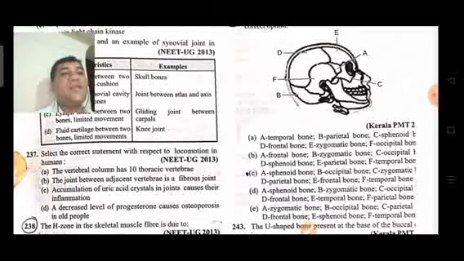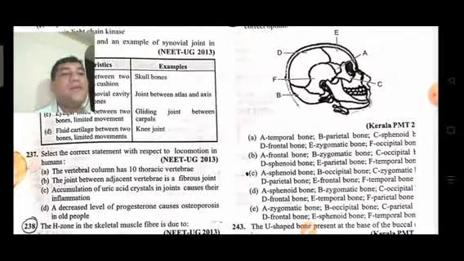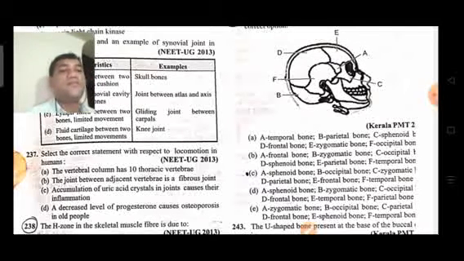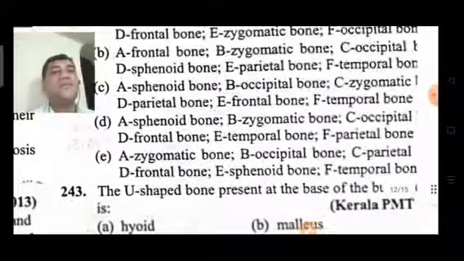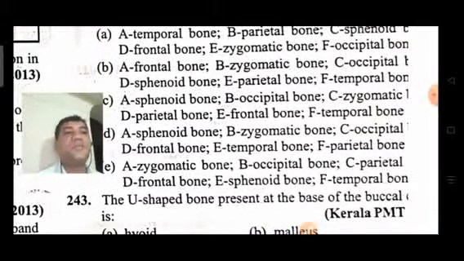F may be the temporal bone, and B can be the occipital condyle near the atlas. From the given options, we have temporal bone, parietal bone, sphenoid bone, frontal bone, zygomatic bone, occipital bone, and so on.